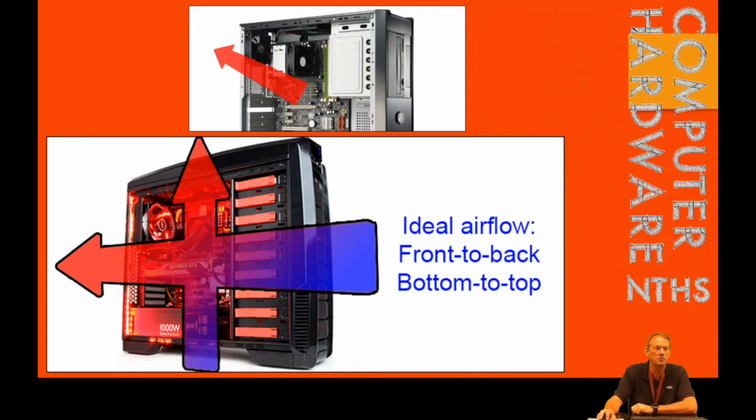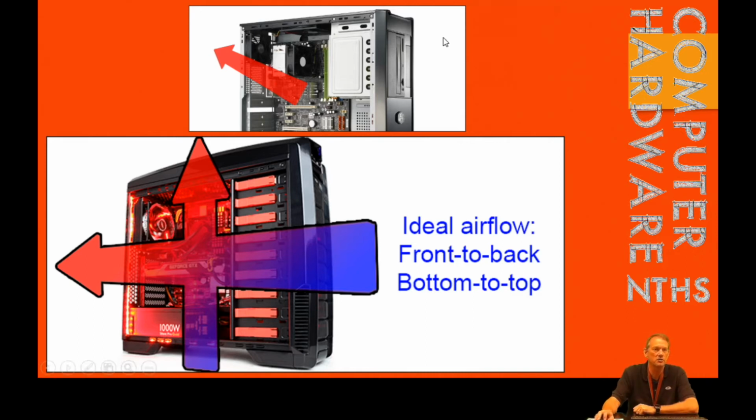The power supply in this picture is blowing out the back of the case and pulling air in from underneath. If you mounted it upside down, you'd pull air in through the case and out, and it would still successfully pull hot air out of the case. If you had no other cooling, that might be what you want to do. But in general, it's always going out through the back, coming into the front of a case.